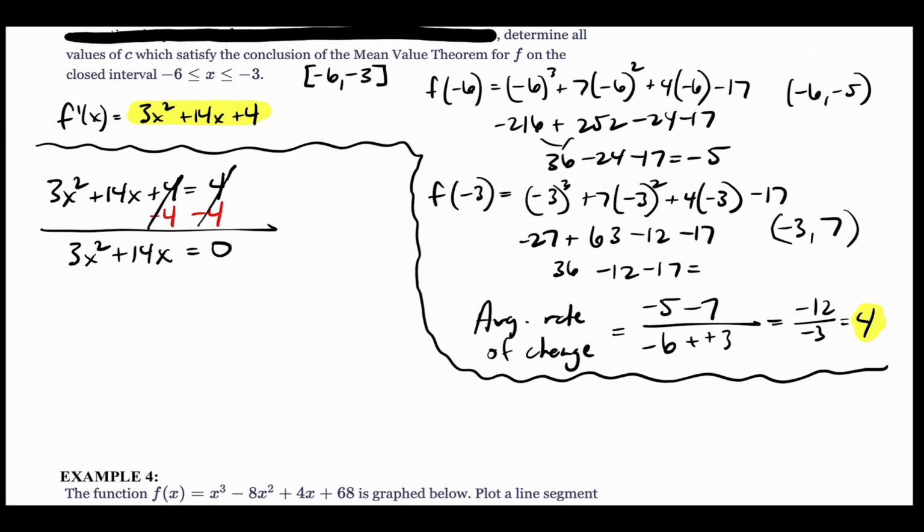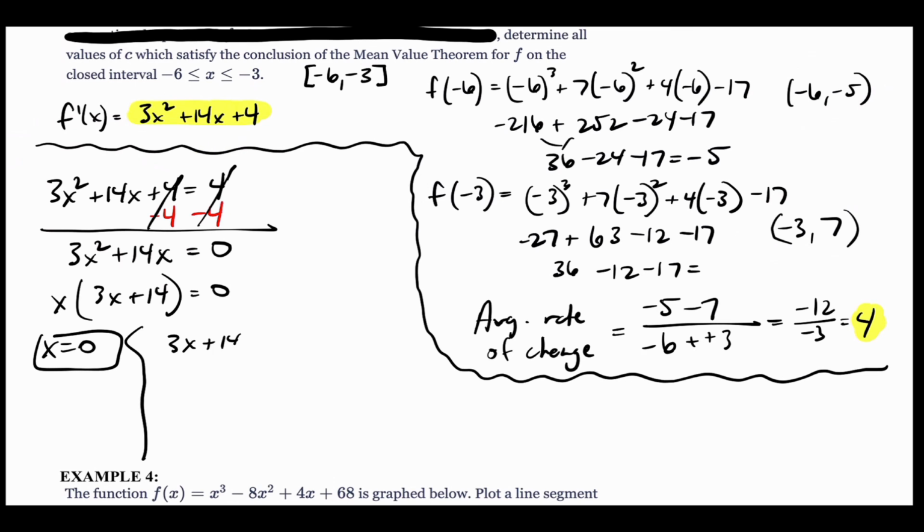This one's a binomial, so I can just factor out a GCF. GCF is x. So I get x times 3x plus 14. X equals 0. That was an easy one. And then 3x plus 14 equals 0.